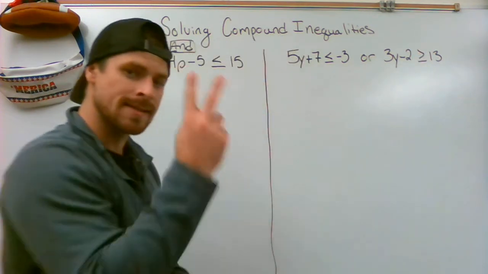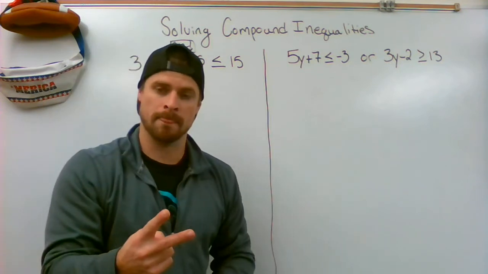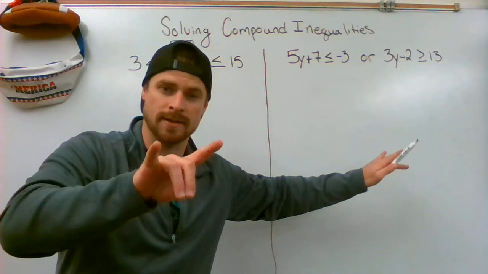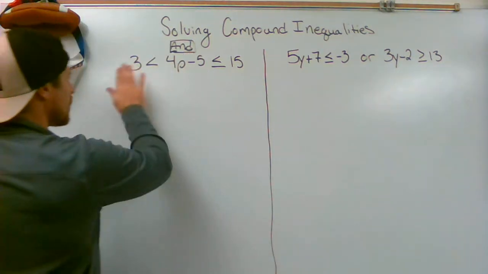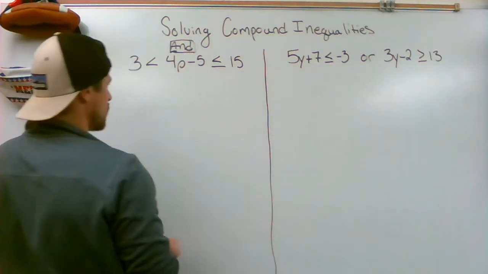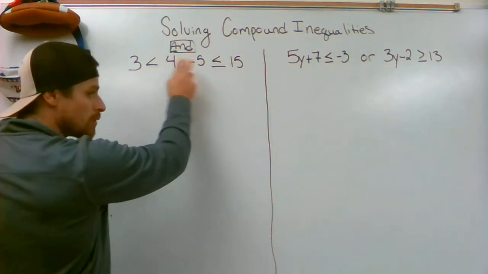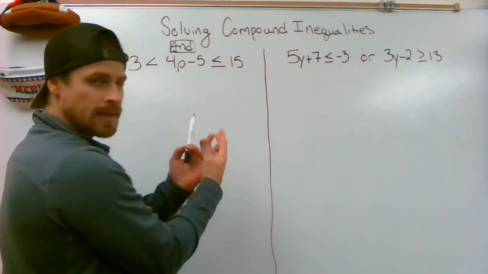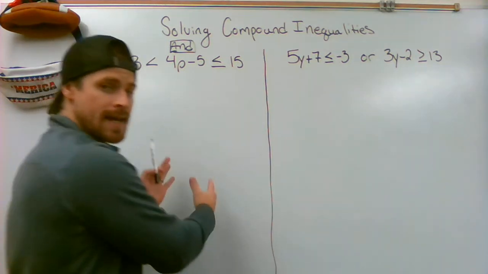So two separate inequalities, that is an or. Here, we write it all out as one long inequality where we have two inequality symbols, but it's all given as one solid inequality. That is the difference between an and an or.